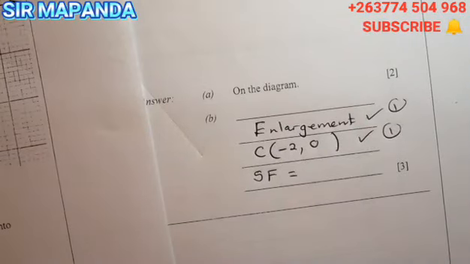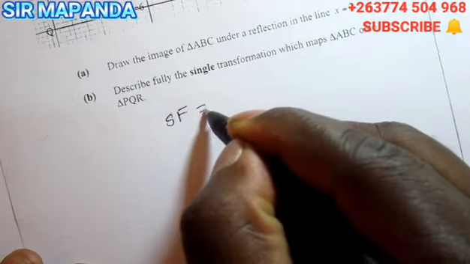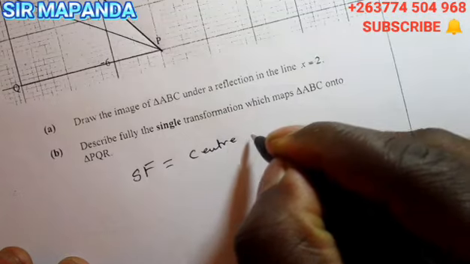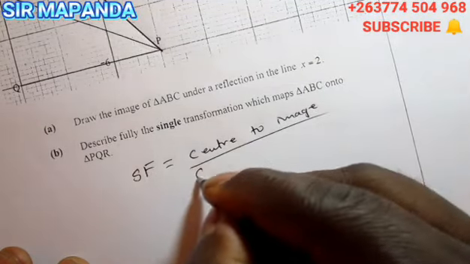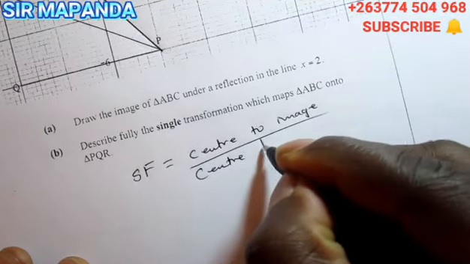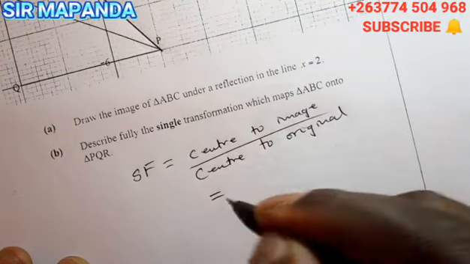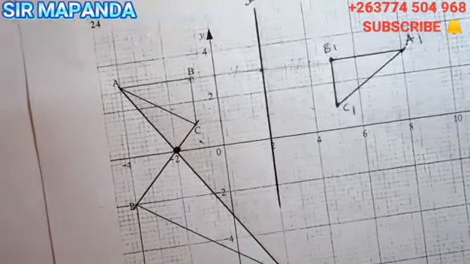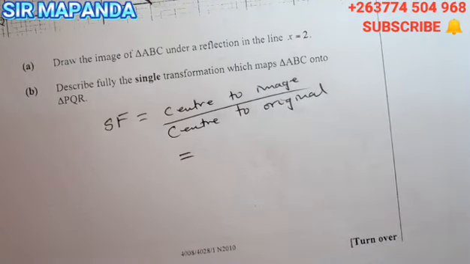Right. We are now moving on to the scale factor. So scale factor is found using center to image divided by center to original. I hope you are following. So what is center to image? Remember, this is the center. What is the image? You have to reread the question and identify the shape which was mapped.